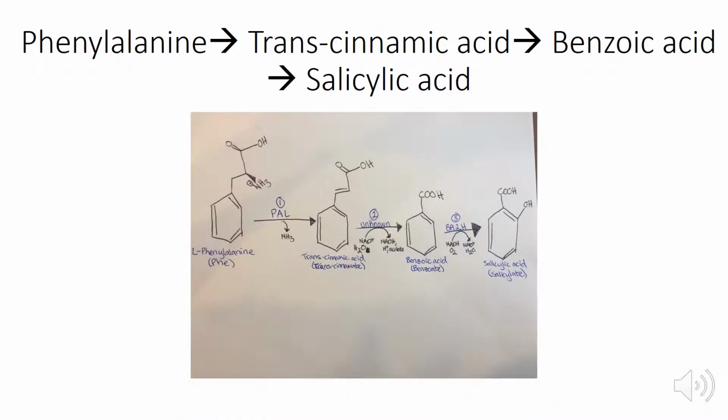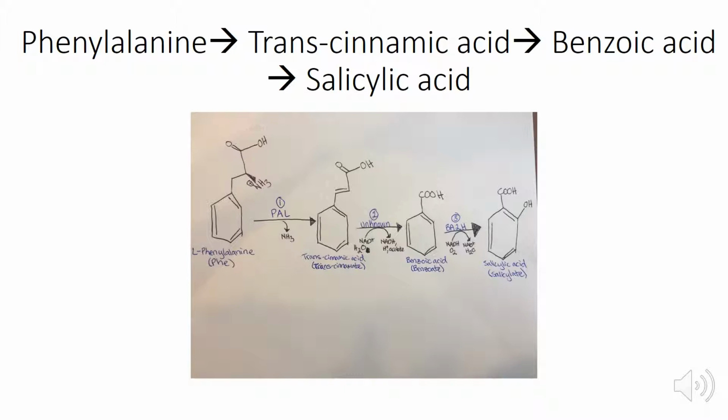These are pictures of the compounds that are converted from and to, respectively. Like Mary said, you start with phenylalanine on the left. PAL then converts it to trans-cinnamic acid. Then it goes from trans-cinnamic acid to benzoic acid by an unknown enzyme.